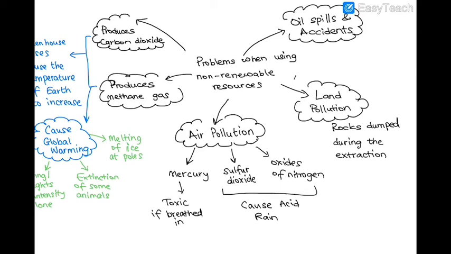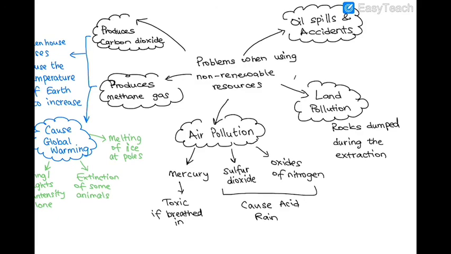it can happen that it gets spilled in the sea, or there can be leaks in pipelines when these are being transported from one region to another, and also there can be explosions that can happen because these non-renewable resources are very flammable.